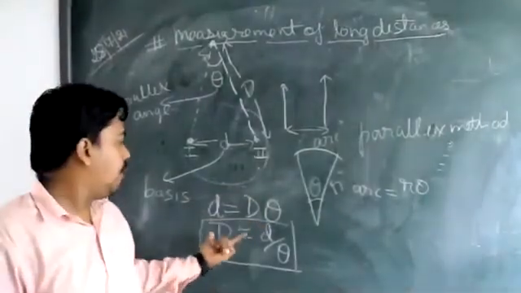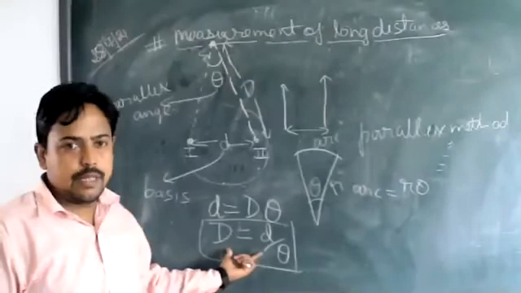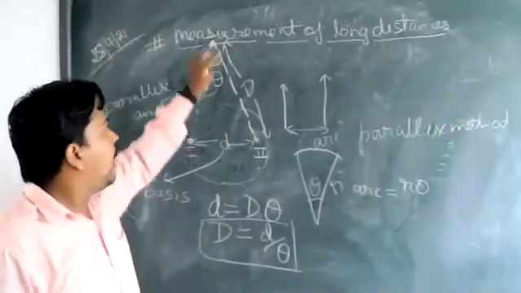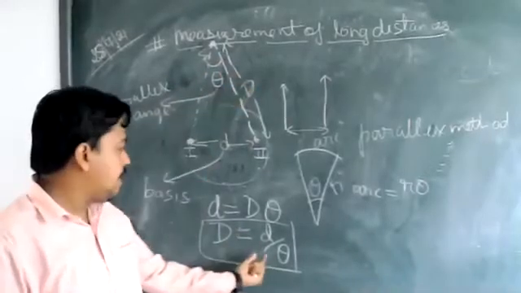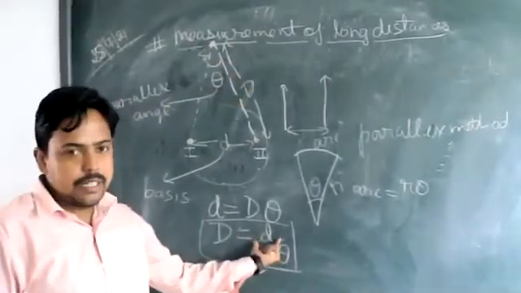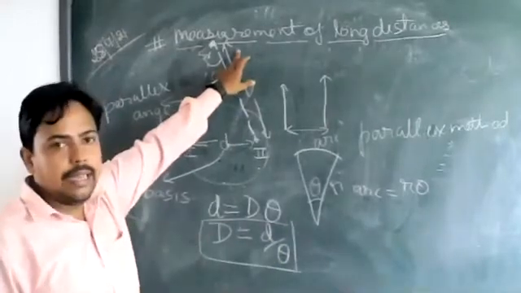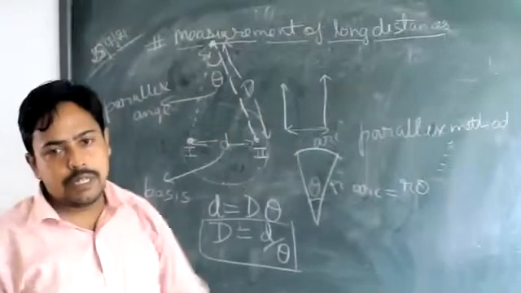In astrophysics, this formula is very important: how we can measure the long distance if theta, the parallax angle, is given, and the distance between two points of observation is given. That's why the heading is measurement of long distances.